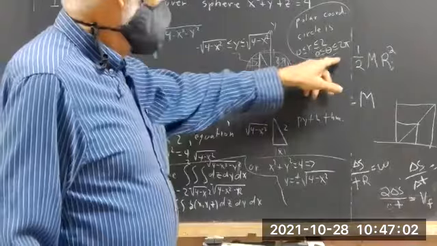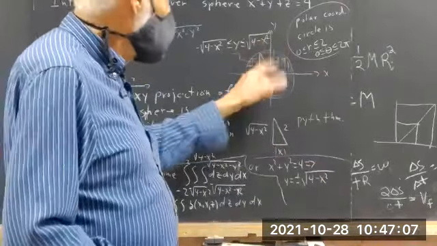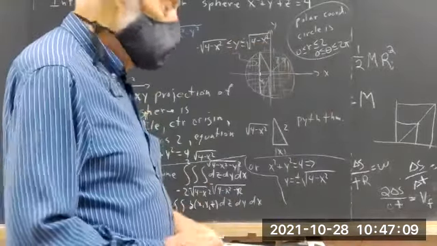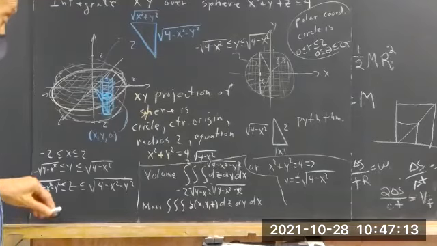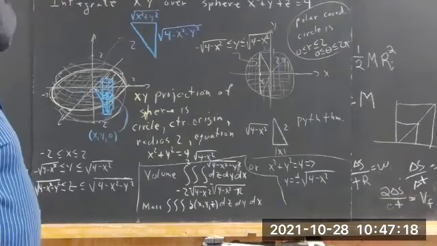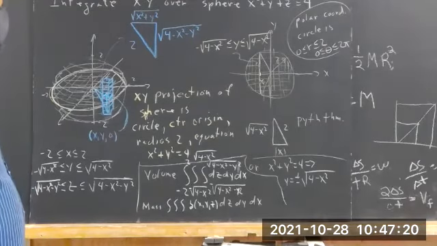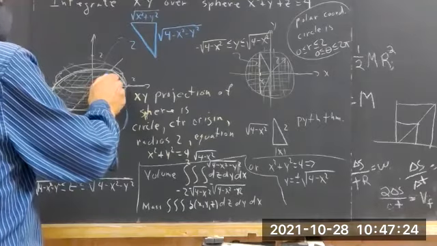If theta went from 0 to pi over 2, you don't have a corner of the circle. 0 to pi over 2 just gives you this much. Okay. Well, that's a little prelude. You want to be sure you understand that real well before we go into the three-dimensional stuff with the cylindrical and spherical coordinates.